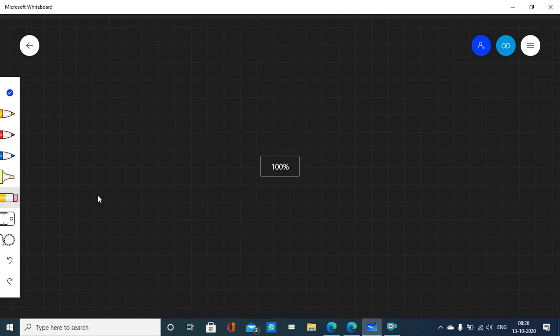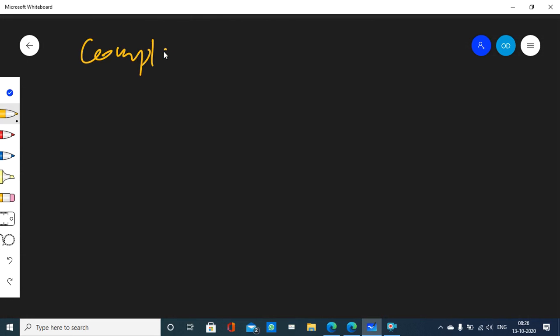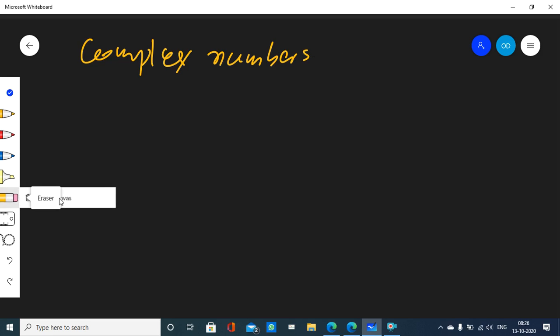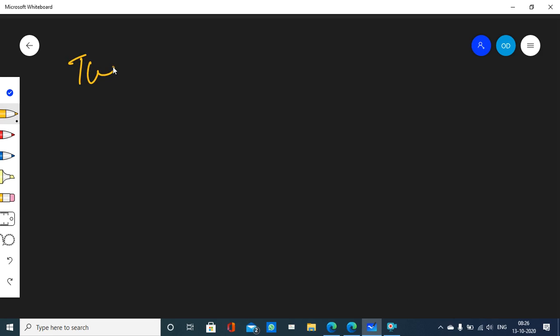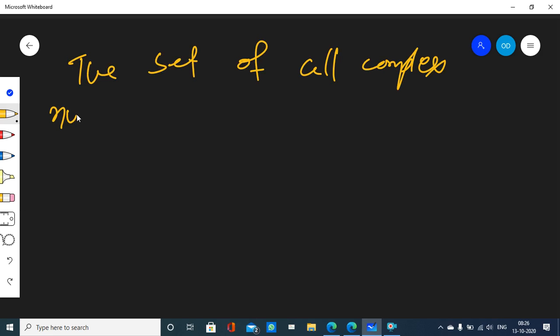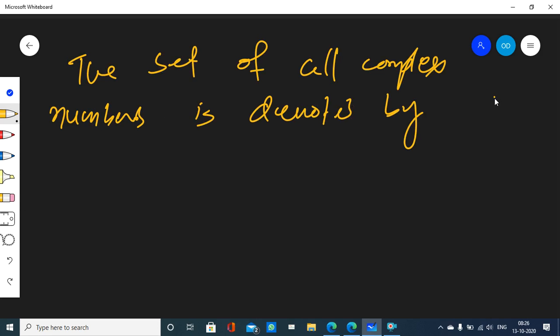Okay. And this is just for extra information that I have already told you, that the set of all complex numbers is denoted by capital C. Questions will not come from this.